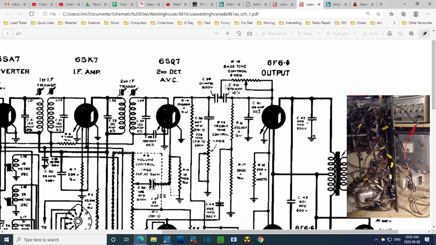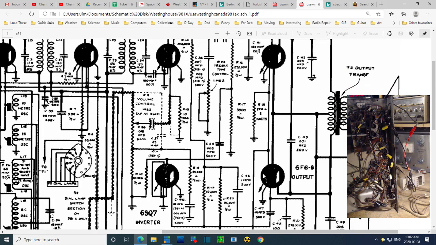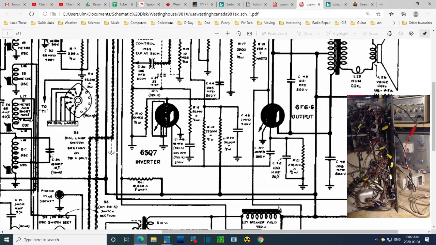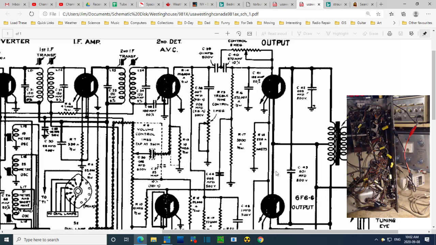and I've changed out. So I'm thinking about the grid blocking. Oh, look at that one. Okay, 0.01 I think. I think I've changed these grid blockers. They're blocking plate voltage from getting onto the grid.